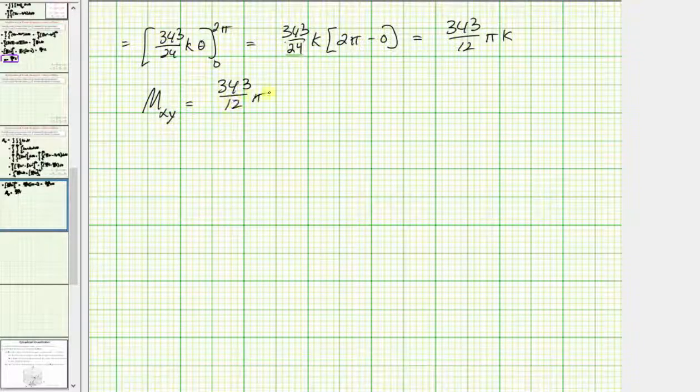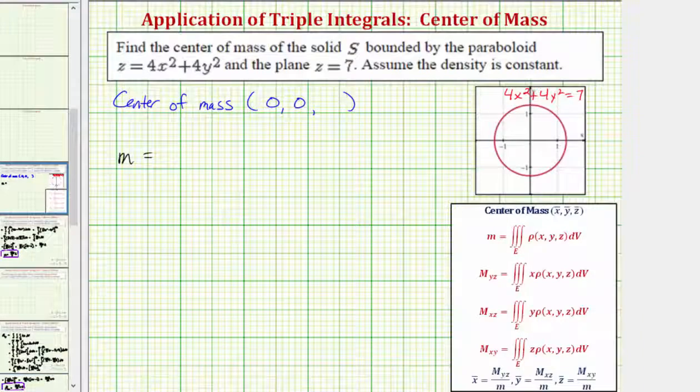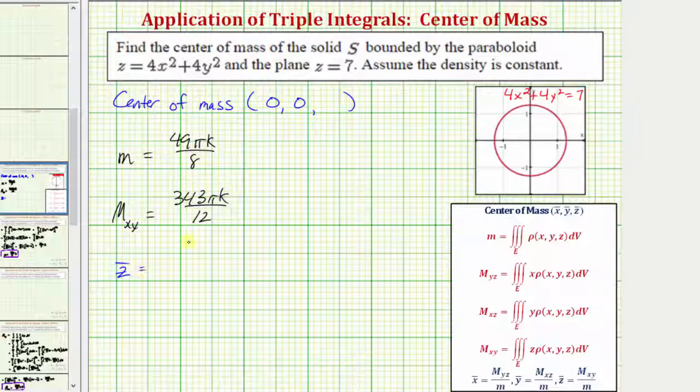So we finally have all the information we need in order to find the center of mass. Going back to our first slide, we now know the mass is equal to 49 pi k divided by 8, and we also know the moment about the xy plane is equal to 343 pi k divided by 12, which means z bar is equal to the moment, 343 pi k 12ths, divided by the mass, 49 pi k divided by 8.